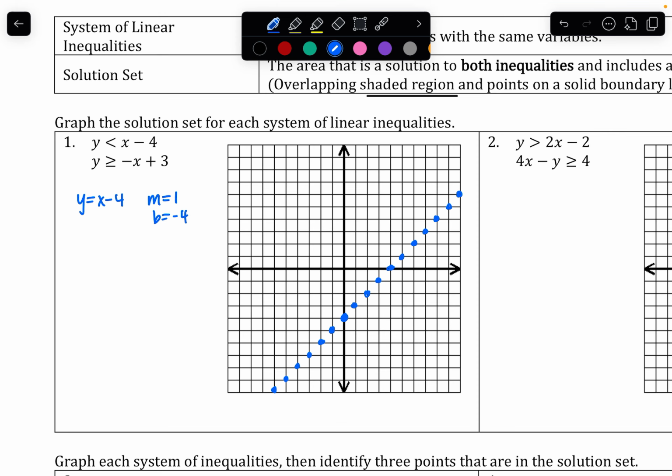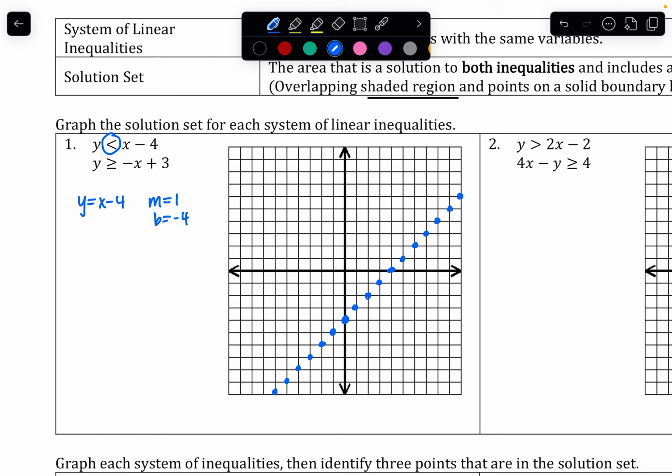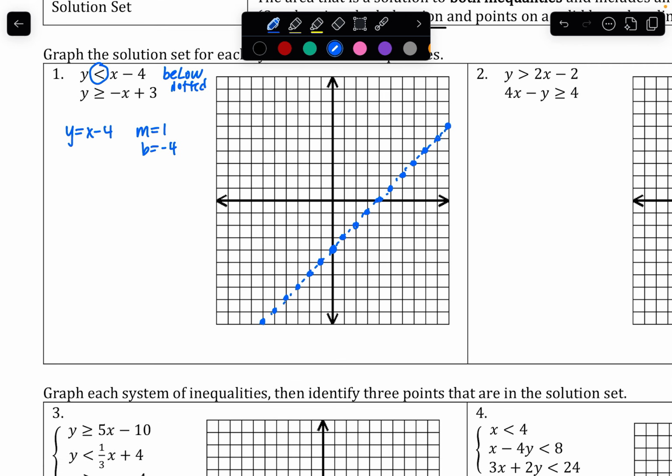Every point matters. Okay, and then for this particular inequality, because it is less than, I know I'm shading below, and because there's no equal to line, I know it's going to be dotted. And so if you want to just do a dotted line through these points, that'll work. Okay, and so to shade below, I draw an arrow pointing down from the y-intercept, and then I actually like to do it on all the points just so I can really narrow down what the region is.